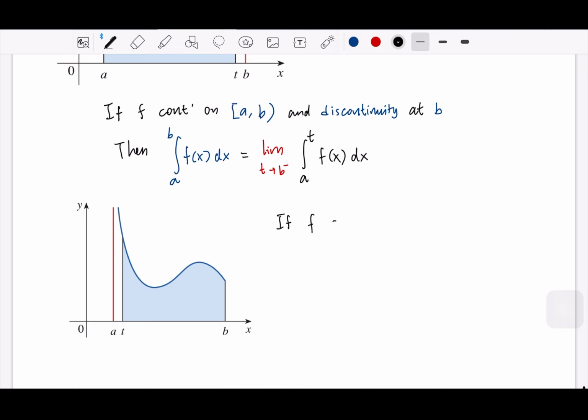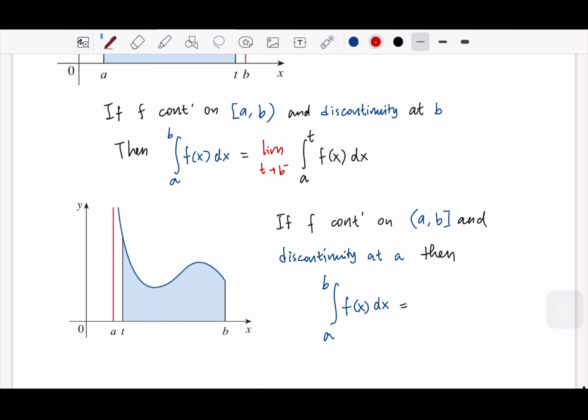If f is continuous on the interval (a, b], and discontinuous at a, then the integration from a to b of f of x dx is the limit as t approaches a from the right.